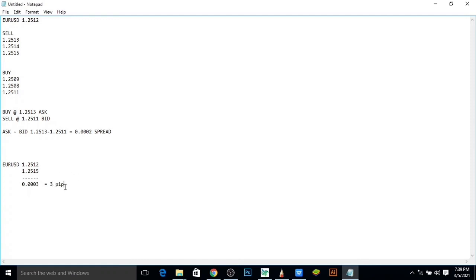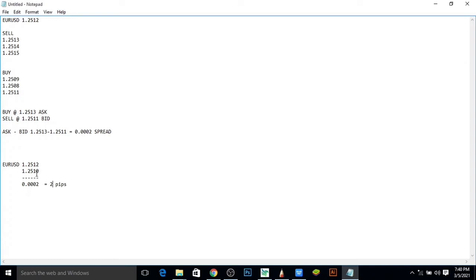If it is the other way around and the price moves from 1.2512 to 1.2510, there's a change by 2, so that is 2 pips, but in the other direction.